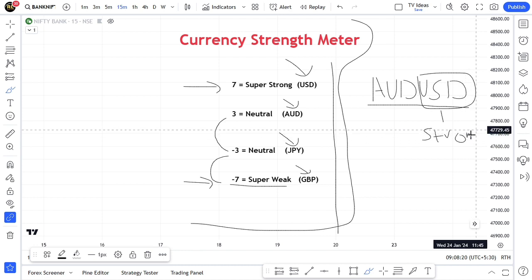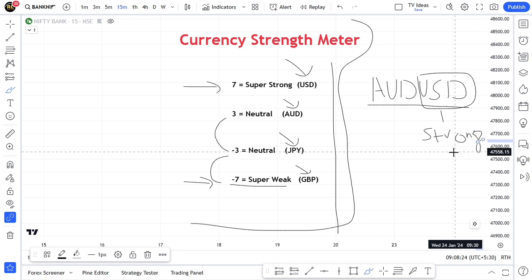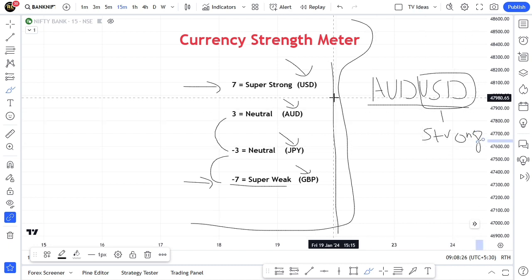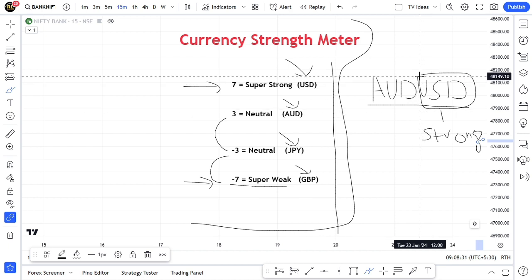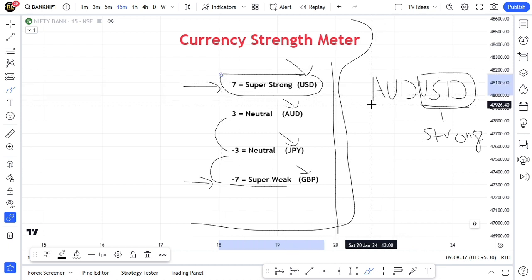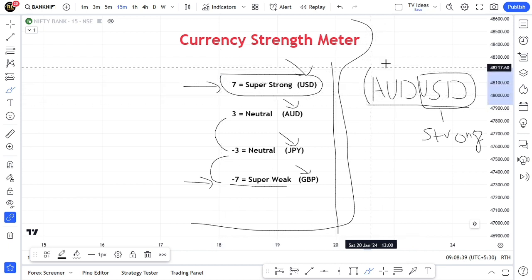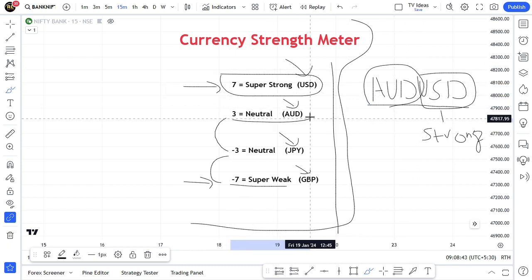Anyways, you are understanding. Now come to currency strength meter. This should be somewhat like this. Now come to strength meter. Now here you can see that USD has number 7. Okay, it is strong, and the next pair against whom you are trying to make it strong, which is AUD, is standing at a neutral position.